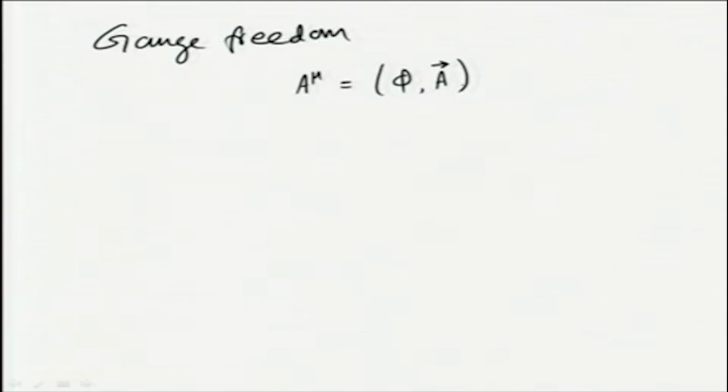And if we consider the measurable quantities, the electric and magnetic fields E and B associated with this A mu, then we will see that A is not uniquely defined or fixed.